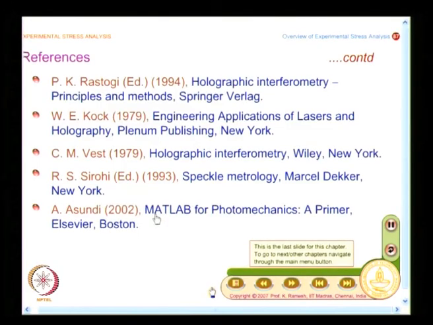They are used in several interferometric methods, and all these interferometric methods use a CCD camera as an electronic eye, and image processing is done. For many of these image processing applications, MATLAB could be advantageously used. That is why Asundi has come up with a book on MATLAB for photomechanics, and this is also an interesting book.